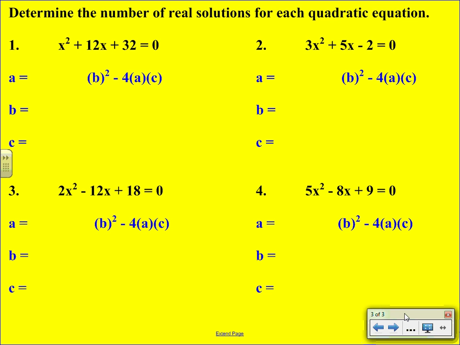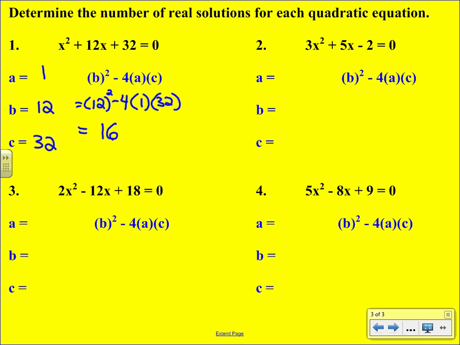So in the first one, our A is 1, that's the number in front of the x squared, our B is 12, and our C is 32. Now all we have to do is plug these into the discriminant formula. So you'll write it out first, and notice how we're just using parentheses to put all our numbers in. And then you can type it in the calculator just like that, and when you do, you get 16.